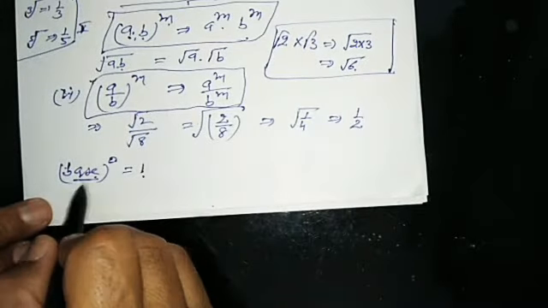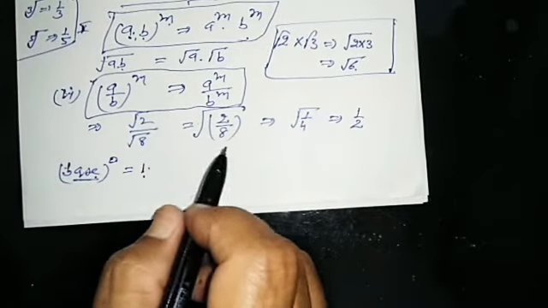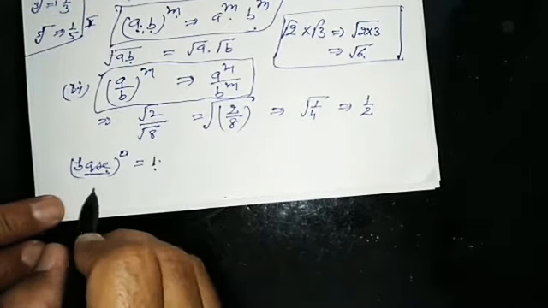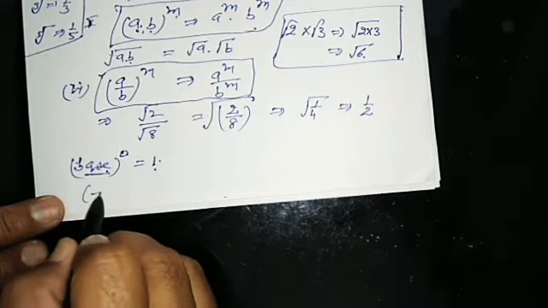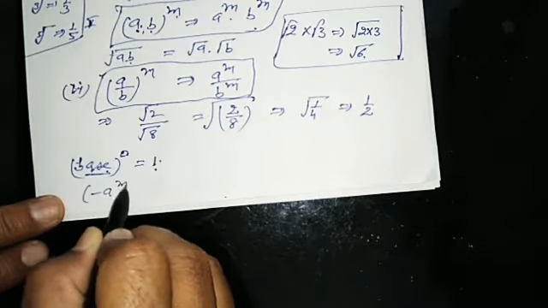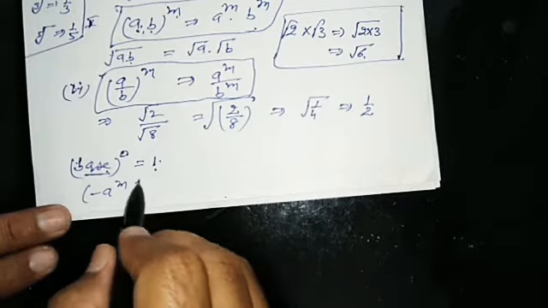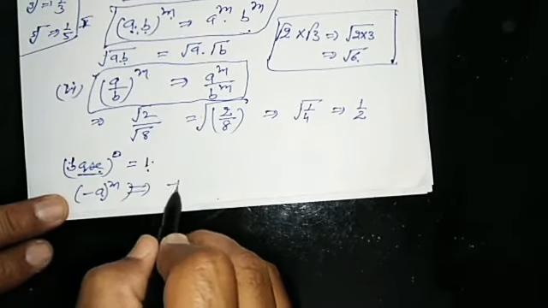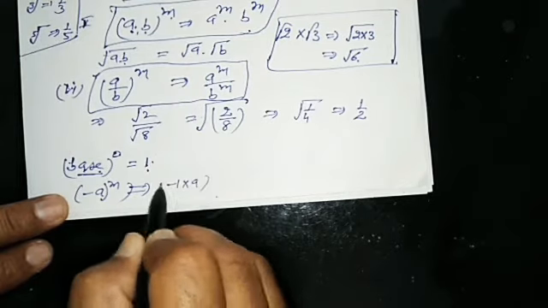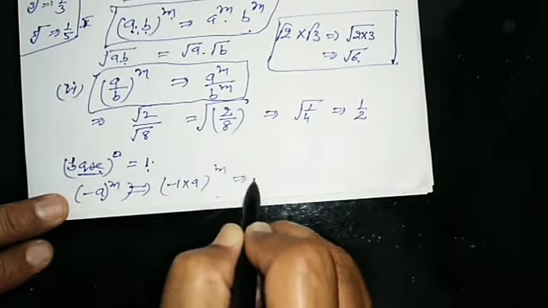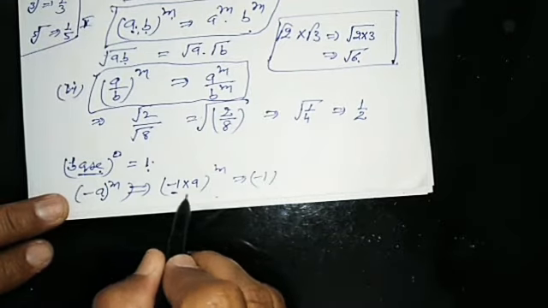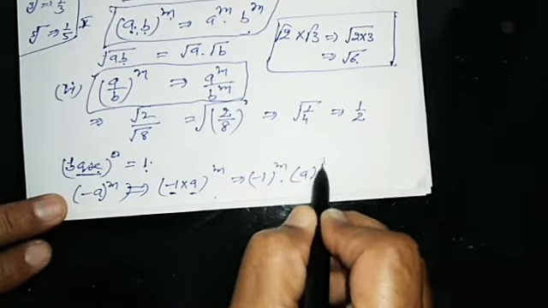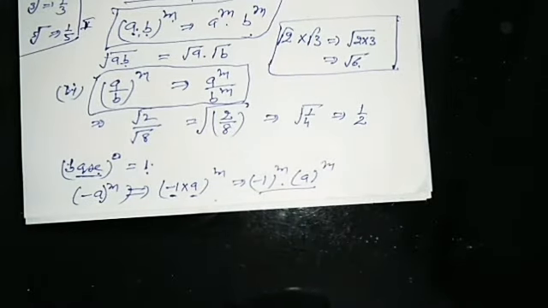But before that, if we take a negative base, you can write it as (-1)^m, and these are two bases, and we can separate them.